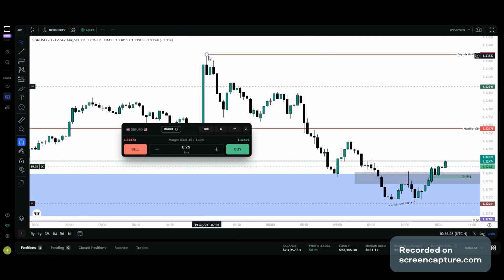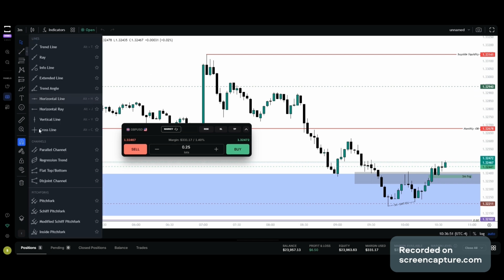Like this is the final draw. What I may end up doing is just taking a partial here at the 1 to 2 risk to reward area or above these highs, these relative equal highs, taking a partial. So I'll draw that out.